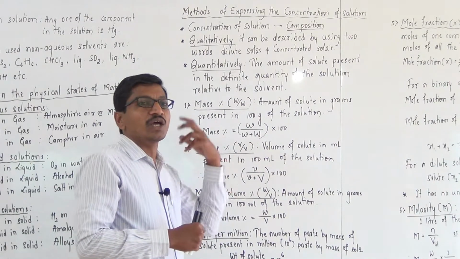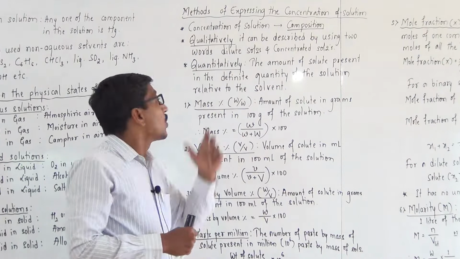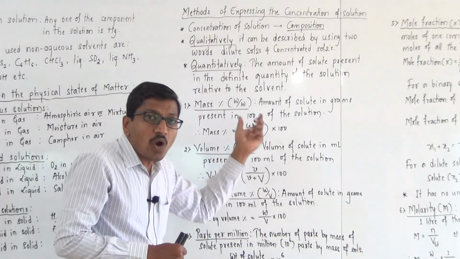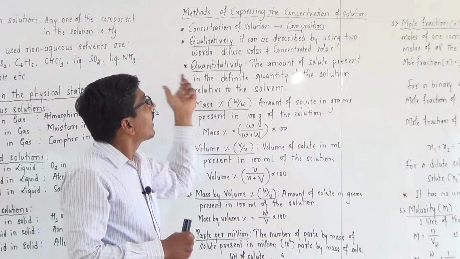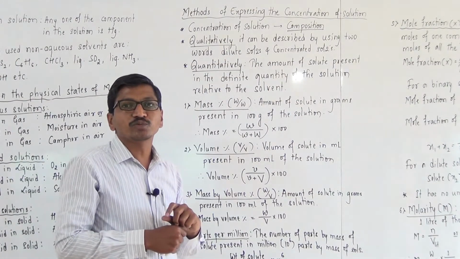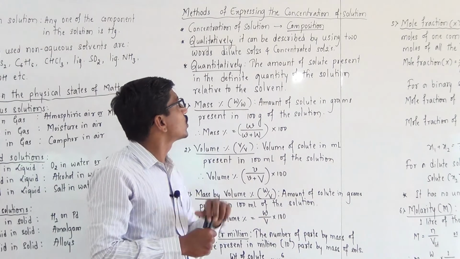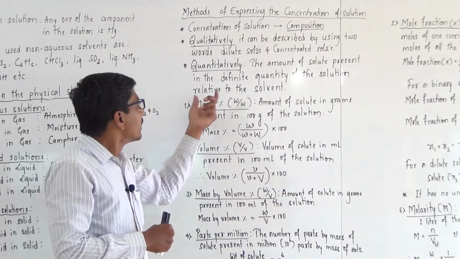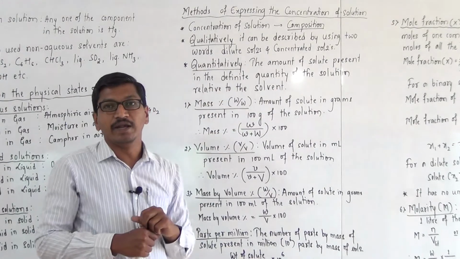Later it was explained quantitatively. The quantitative method for expressing the concentration of solution is the amount of solute present in a definite quantity of the solution relative to the solvent.